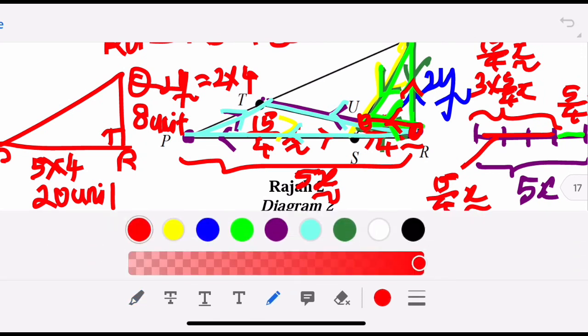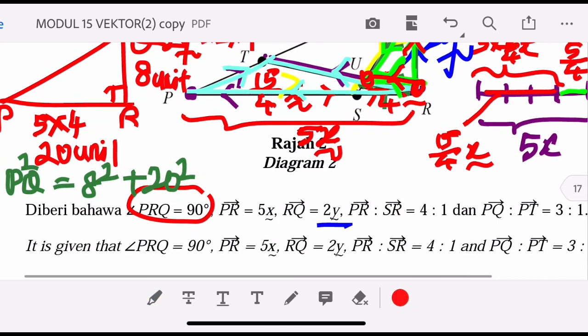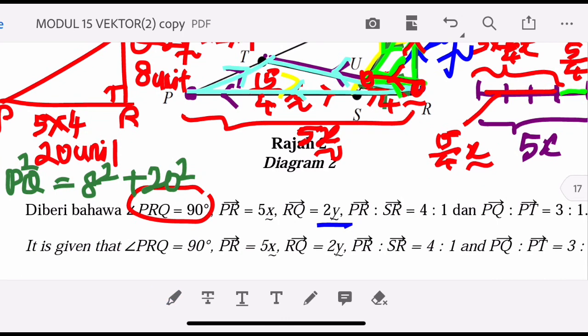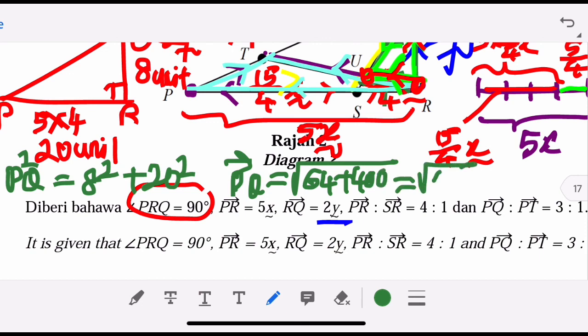So how to find the length of PQ? Instead of saying the length, we will say the magnitude of PQ. So we have PQ square equal to 8 square plus 20 square. Alright, and then PRQ is 90 degrees, see that? So we have to use Pythagoras theorem. So the PQ is 8 square is 64 plus 20 square is 400. So the PQ is actually square root of 464.